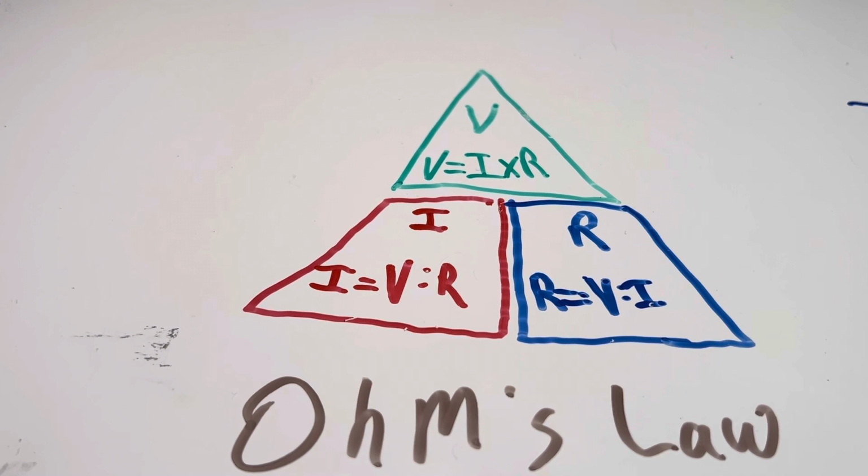We're not going to go too in depth into the formulas and the mathematics behind it, but it is important that we understand that as current increases through a conductor, resistance also increases. And as the current and resistance increase, the voltage is going to drop.